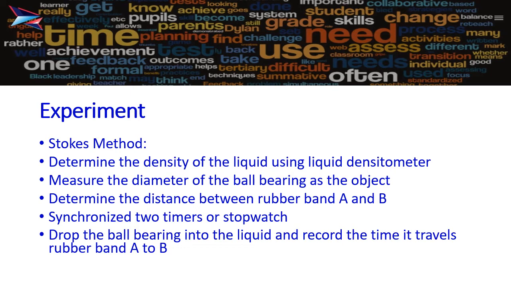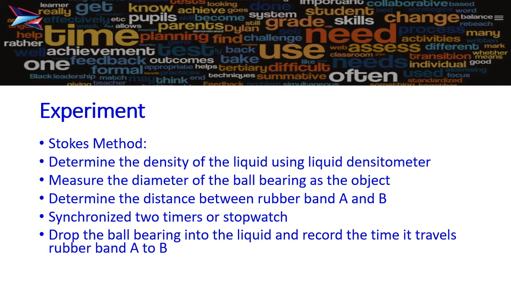The purpose is that we are supposed to have two synchronized timers because we are going to start them at the same time, and then you will record the time when the object travels from rubber band A to rubber band B. With these two synchronized timers, you switch one off when the object passes rubber band A, and then you switch the other stopwatch off while the object passes position B. By taking the difference between these two, you will know the time the object takes to travel from position A to position B.